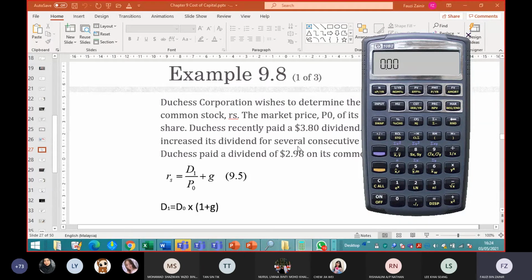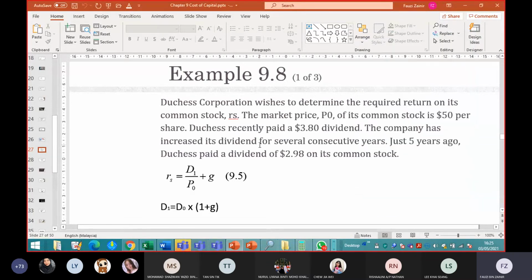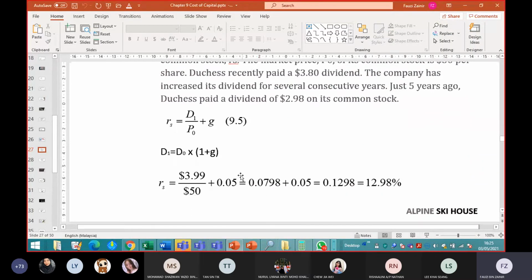We'd like to see the compounded growth over the period of 5 years. So we take $2.98 as a negative PV, the $3.80 becomes our FV, 5 years, 5N, and then we press the interest rate. That gives us a dividend growth rate of around 4.98, which is close to 5%.